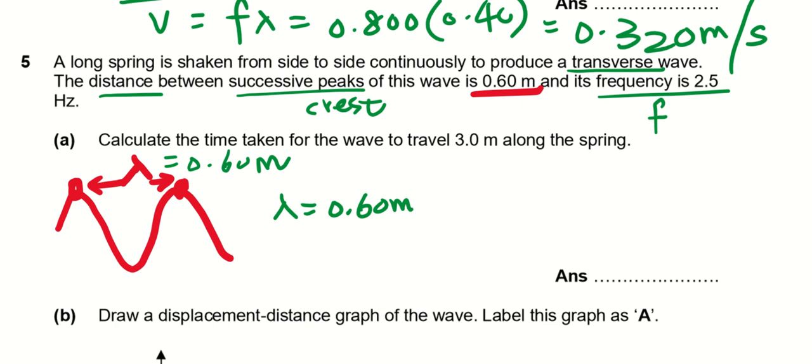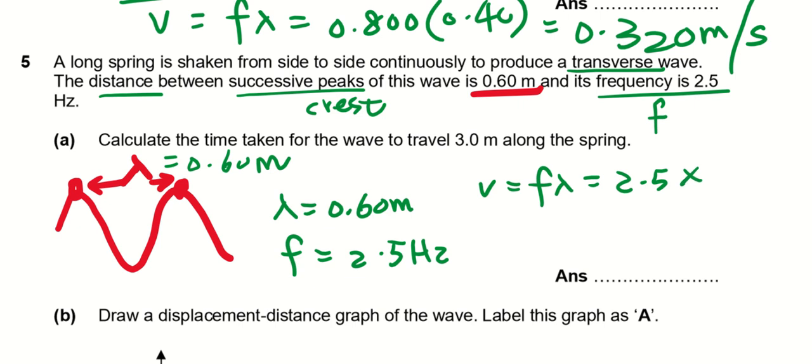We have frequency 2.5 hertz, and because wave speed is v equals f lambda, 2.5 multiplied by 0.60, I can get a wave speed of 1.5 meter per second. But they want us to calculate the time for the wave to travel 3 meters.